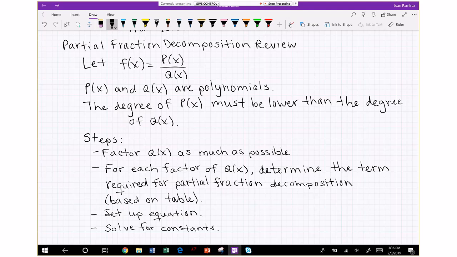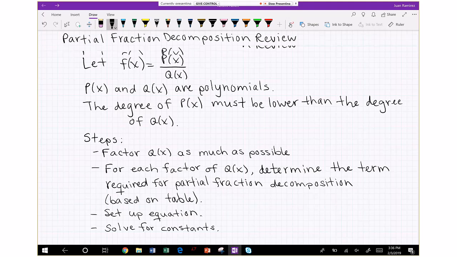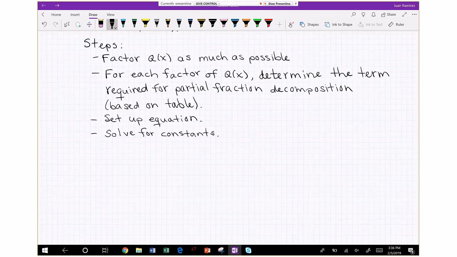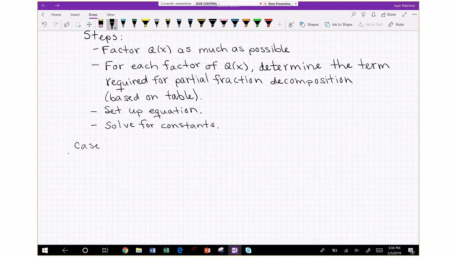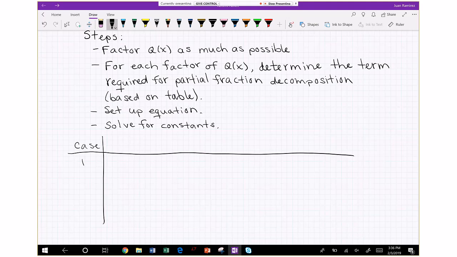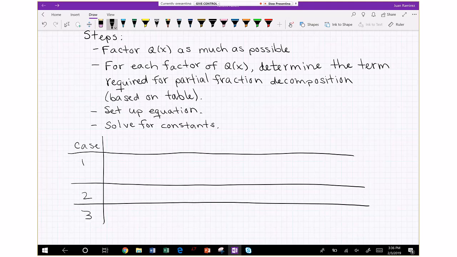What does that table actually look like? So we're going to say there are 3 cases. And each case is for a different type of factor of q of x, the denominator.